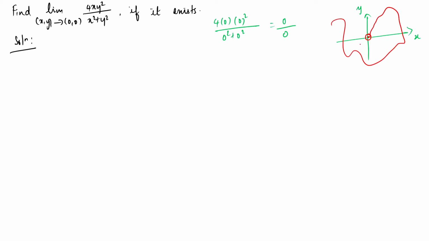Through this curve you may come to this point, or along the x-axis, or along the y-axis, or you may take any straight line which passes through the origin, or you may take a parabola which passes through the origin. There are infinite number of ways to approach this point.